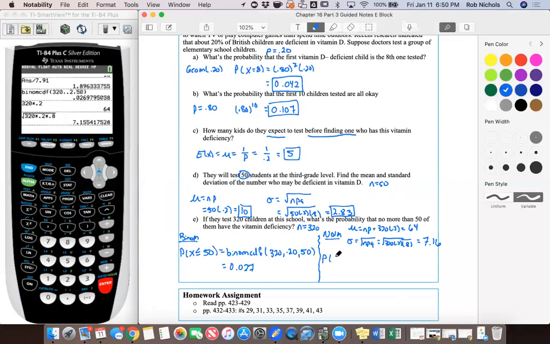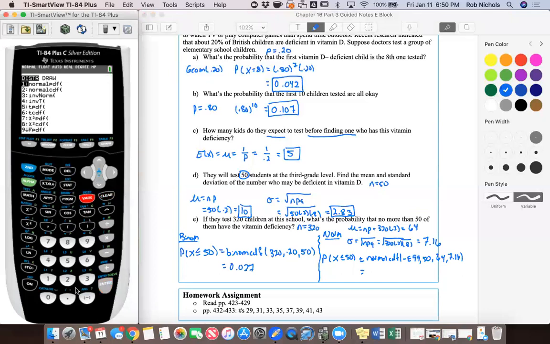So we want the probability that x is less than or equal to 50. This is going to equal the normal CDF of negative E99 to 50, comma 64, comma 7.16. And let's see what we get there.